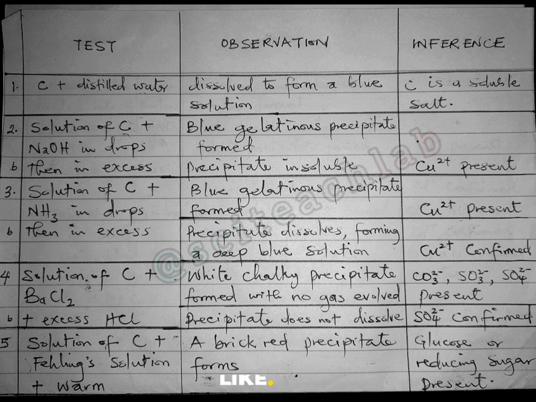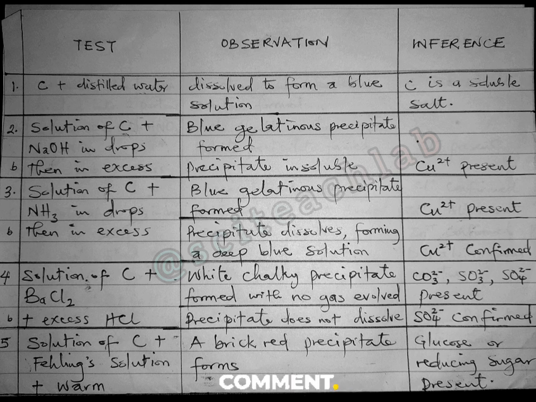You don't know which one yet, because you then have to take a confirmation test to be sure which one it is. Now take note, you must list these three out, because these three anions will have this same observation with barium chloride. So you must list all of them out, because when you want to confirm, your confirmatory test must be something that is part of the one you listed out.